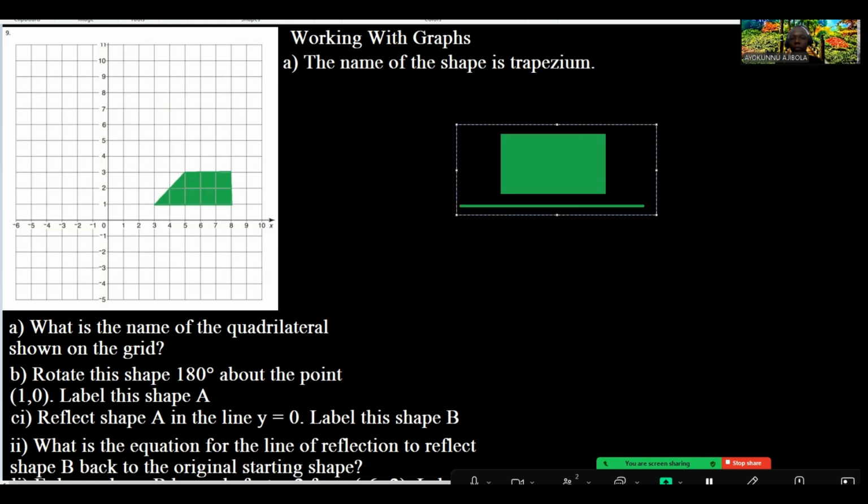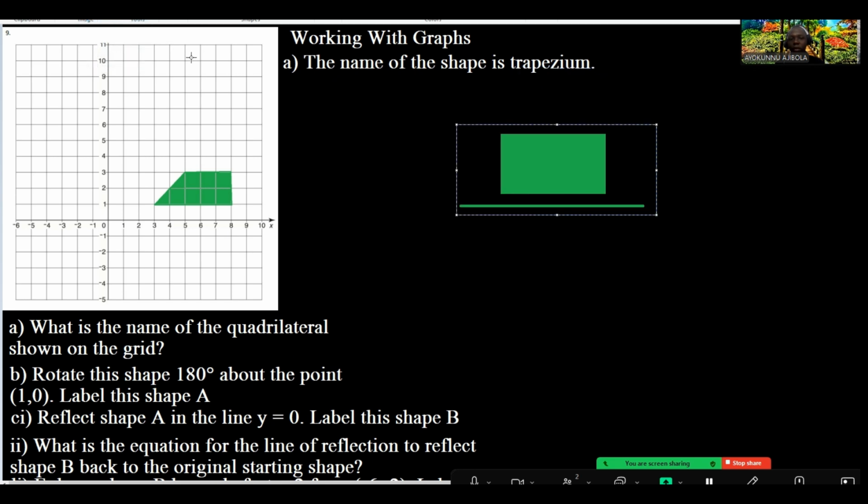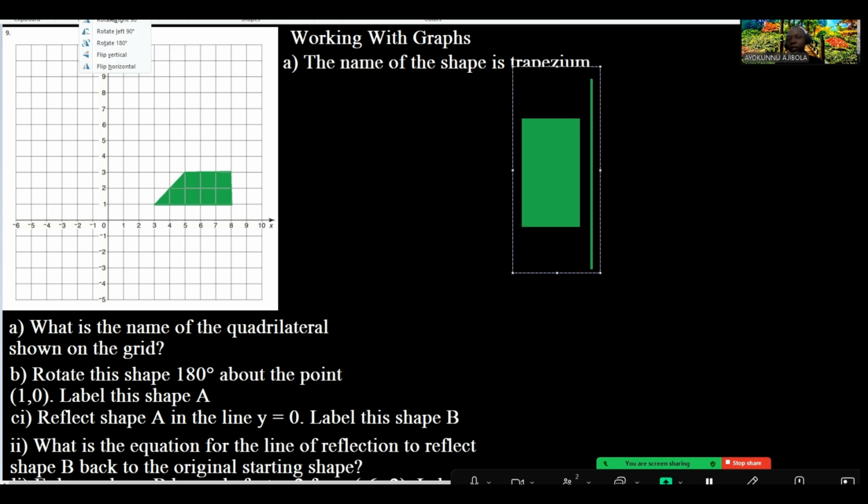So if I rotate it 90 degrees to the left, this is where you are, okay? So if you now rotate again another 90 to make 180, I think this is 90 to the left, then 90 to the left again, okay?